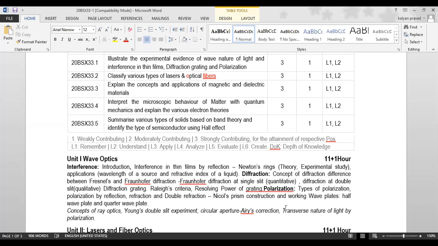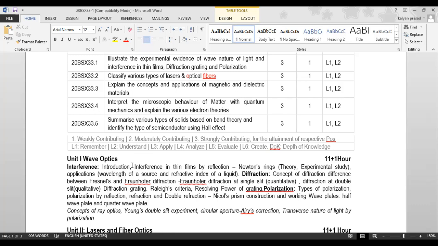We will start with the introduction. After the introduction, we need to fill a gap between the topics of introduction and interference in thin films. There are a few topics which are not directly incorporated in the syllabus, but you need to learn them to understand the further topics.